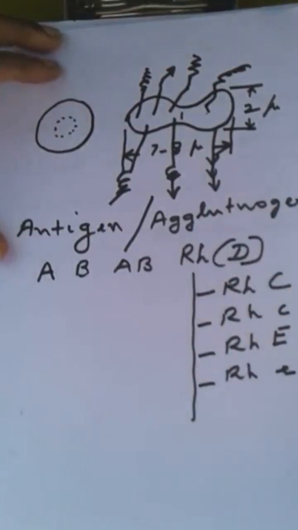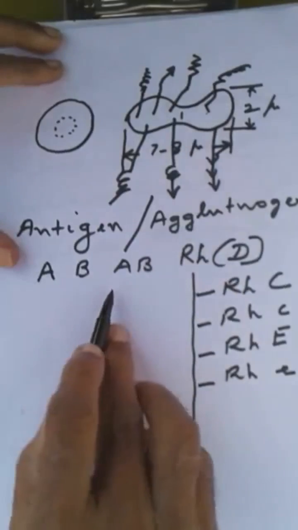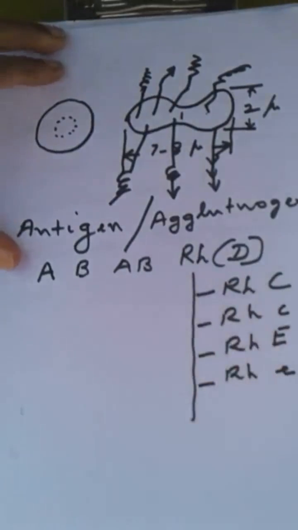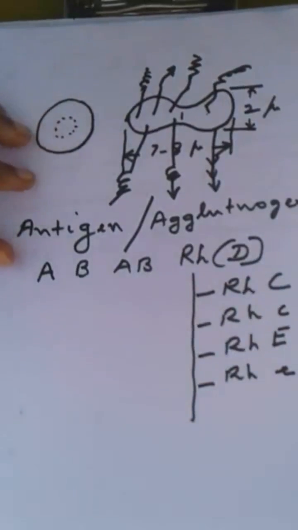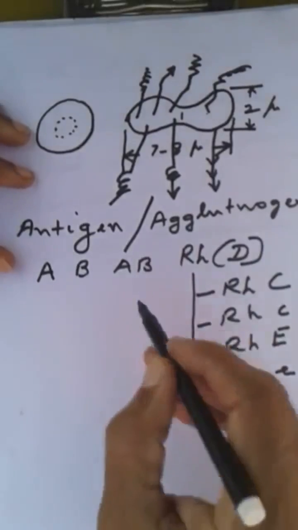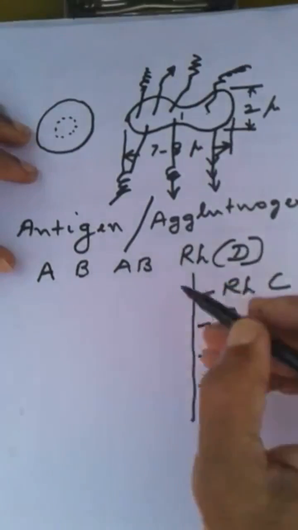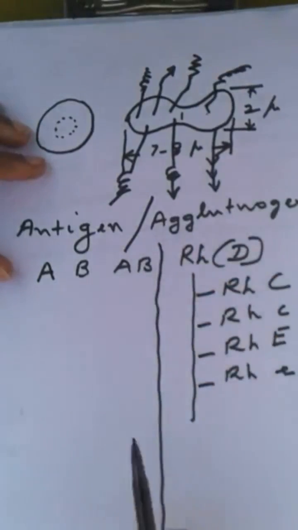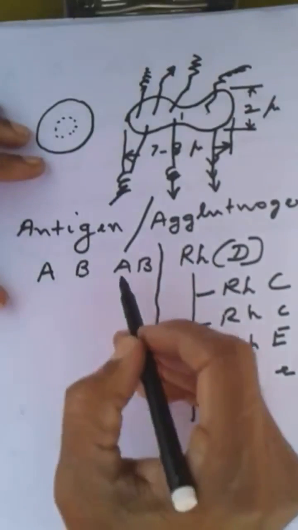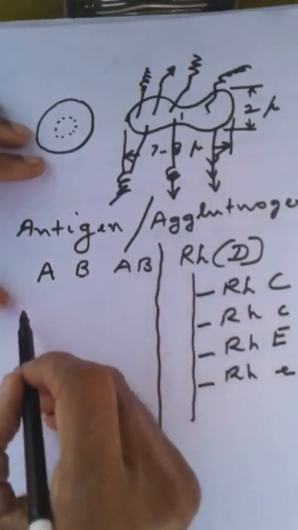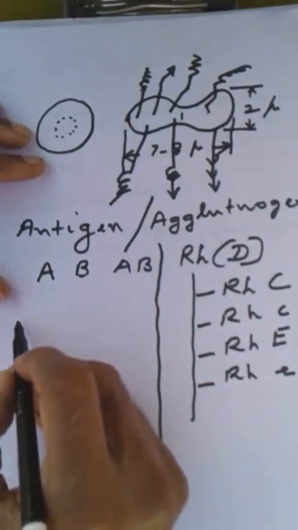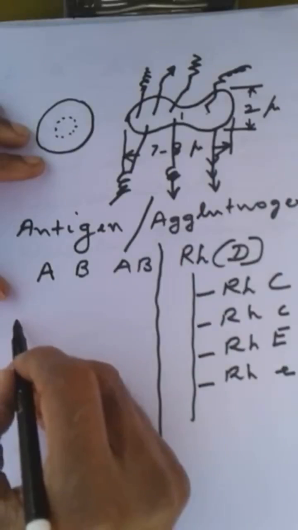What is the difference between this ABO system and RH system? First of all, you have to keep in your memory that this ABO system is carbohydrates.